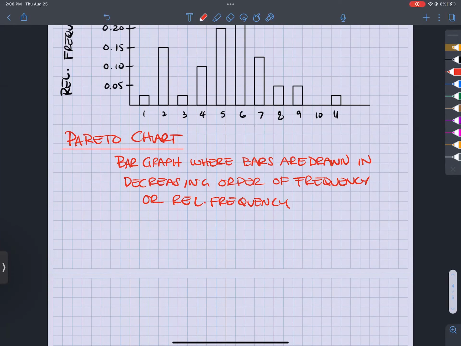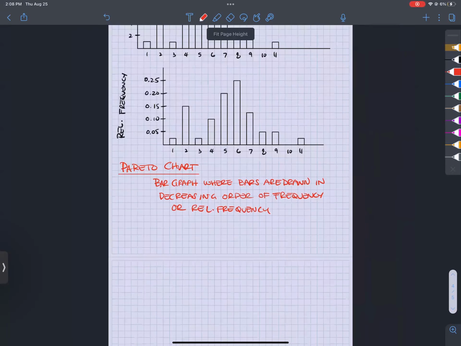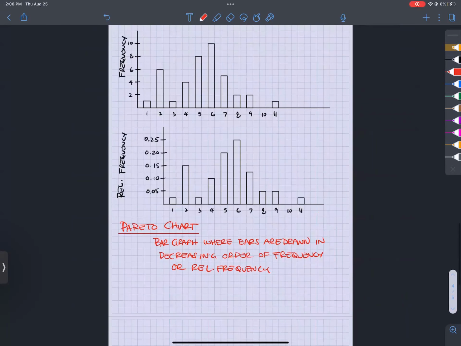So essentially, you're just picking up the categories and moving them. So it's going from greatest to least. Does that make sense? Yes, I hope.